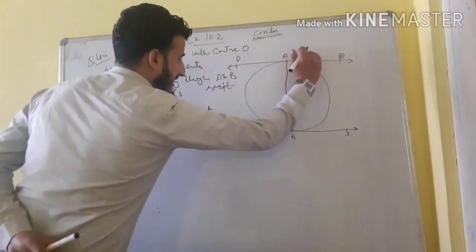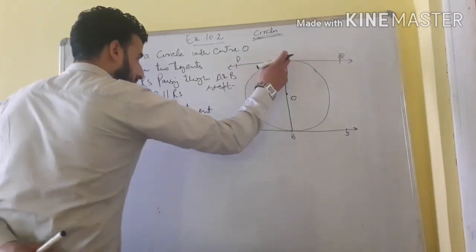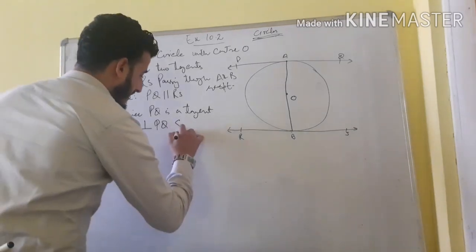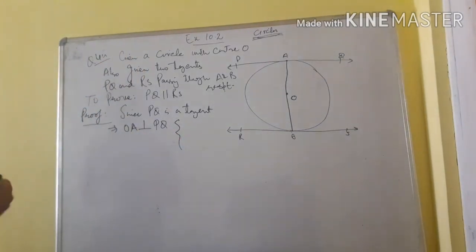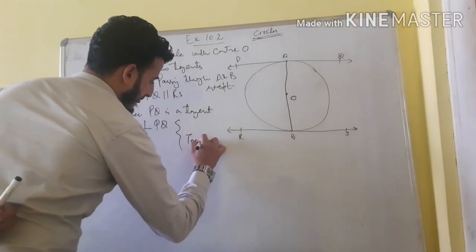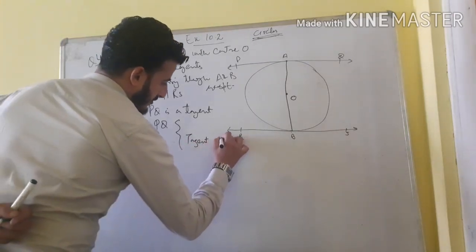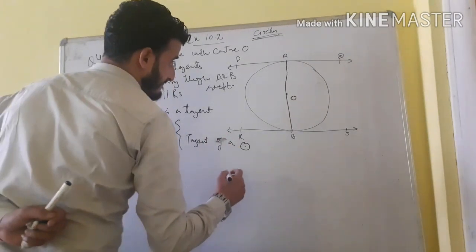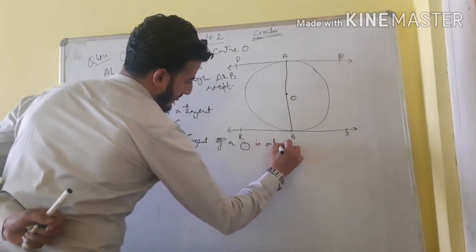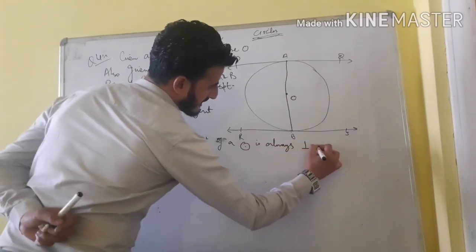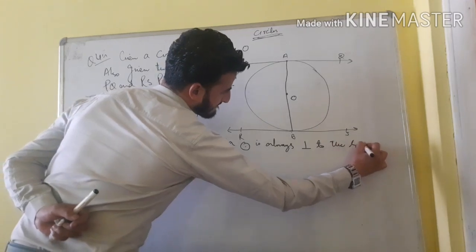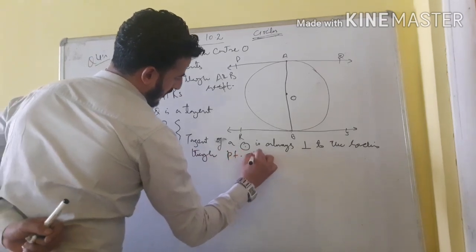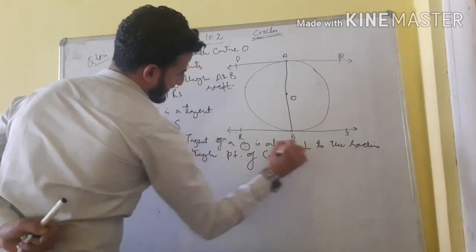If a tangent passes through the point of contact, the radius touching it will always be at a 90 degree angle. Right? So let me write the statement of the theorem here. The statement of the theorem is actually: the tangent of a circle is always perpendicular to the radius through the point of contact. This should be clear to you.